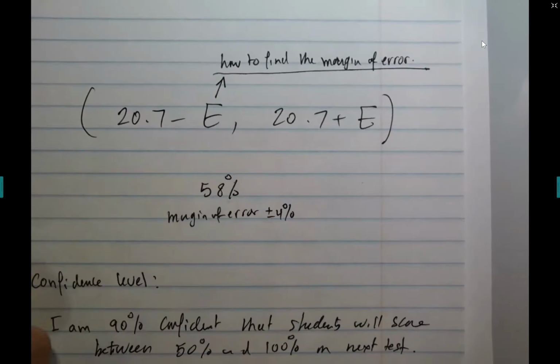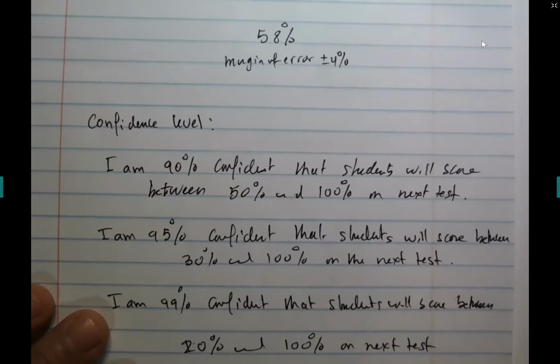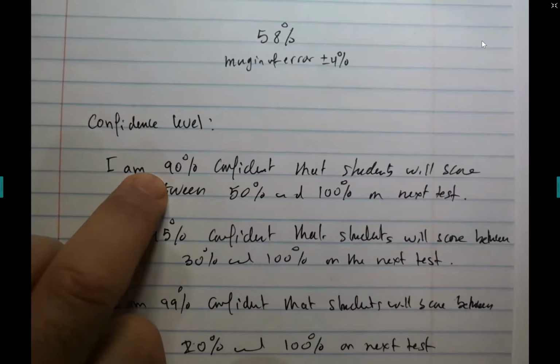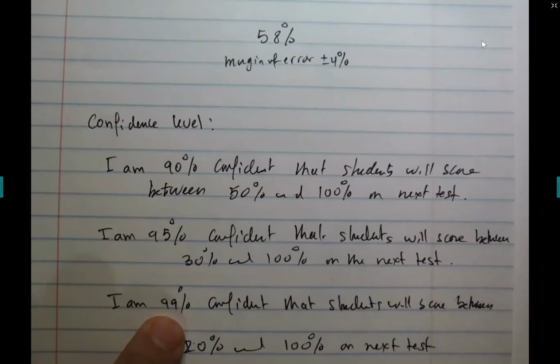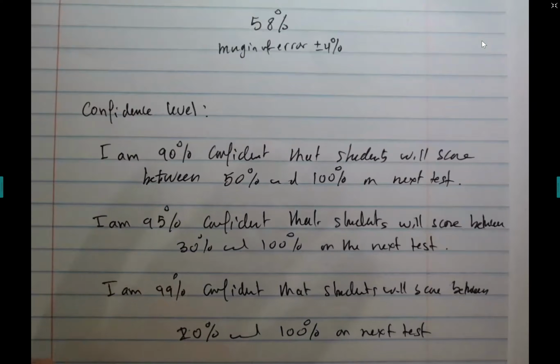So when we create those intervals right here, guys, we have to create them at some confidence level, and the problem will tell you what the confidence level is. The common confidence levels are 90%, 95%, and 99%. In medical fields, when a pharmaceutical company wants to seek approval for a new medication, the FDA requires the study to be done at the 99% confidence level, because they cannot allow it to be at 90%, because there is a 10% room of error.